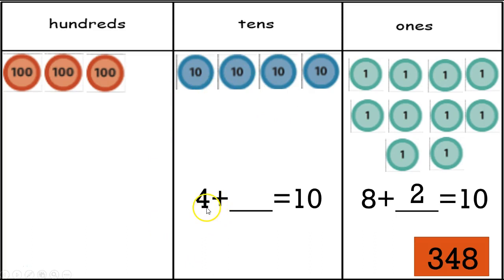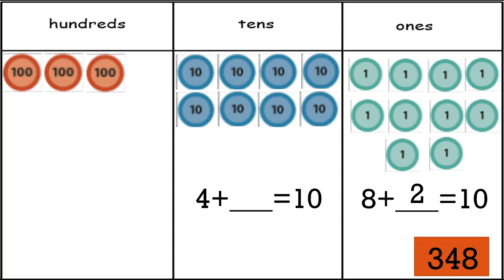How many more tens would I need to make the next unit? Go ahead and figure that out. Alright, let's see if you're right. So we got 4, 5, 6, 7, 8, 9, 10. How many did I add here? 1, 2, 3, 4, 5, 6. Did you say 6? If you did, good job.